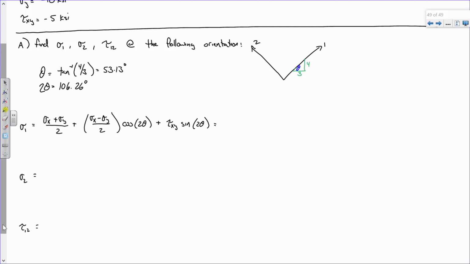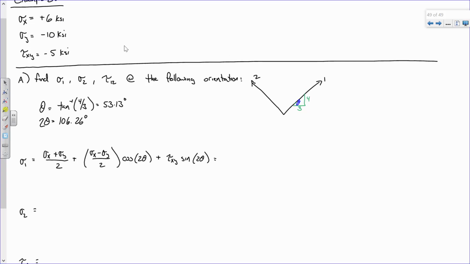Now, instead of plugging and chugging all the way, why don't you all tell me what that is? I want you to plug and chug and tell me what sigma 1 is going to be.